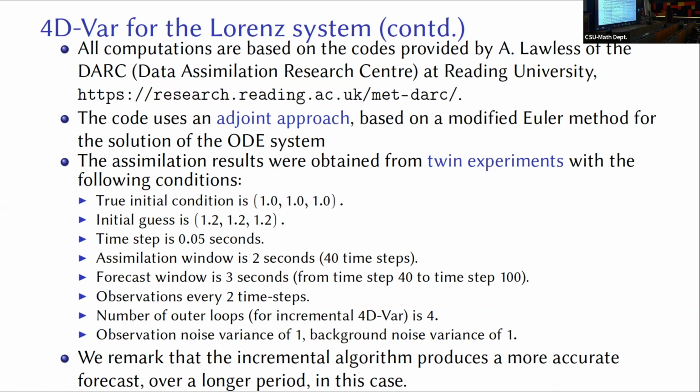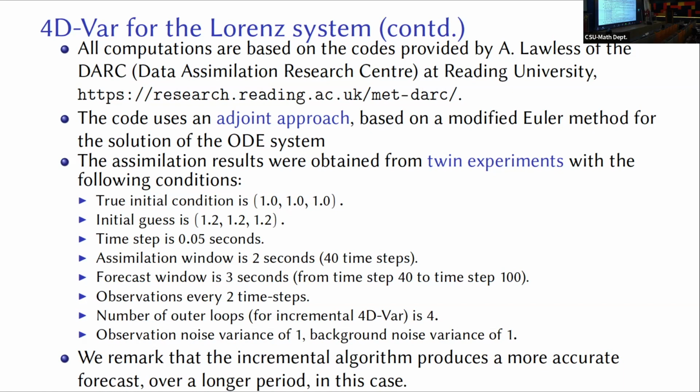In fact, we don't have real observations here. So what we do is generate noisy observations, and then we ask the system to assimilate them, in other words, to predict forward in an optimal way the trajectories of the system using the noisy observations that we generated ourselves. Because we know the system, it's called a twin experiment.